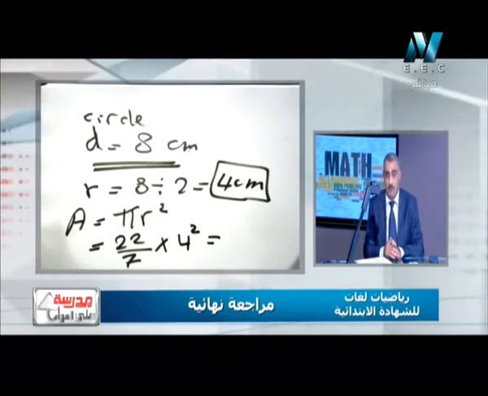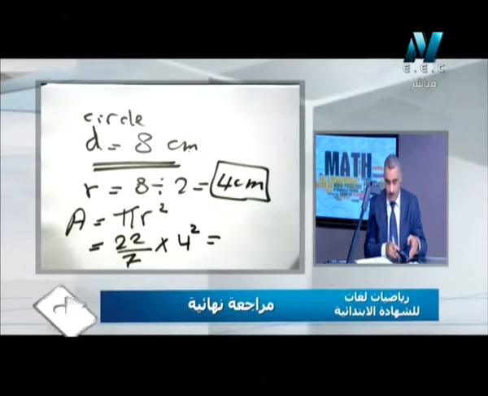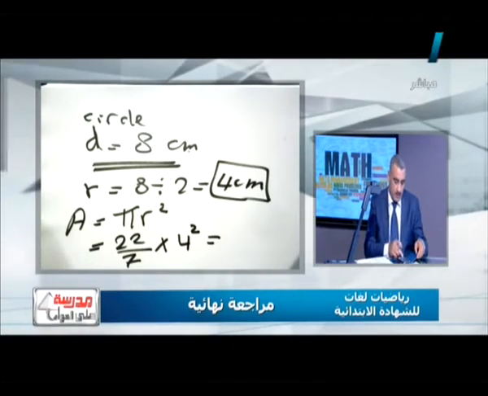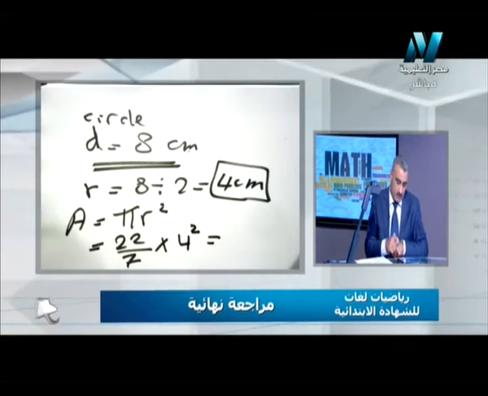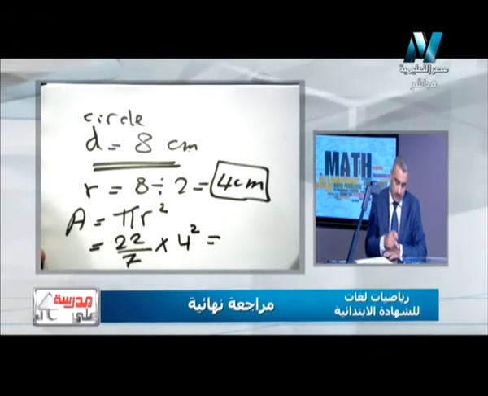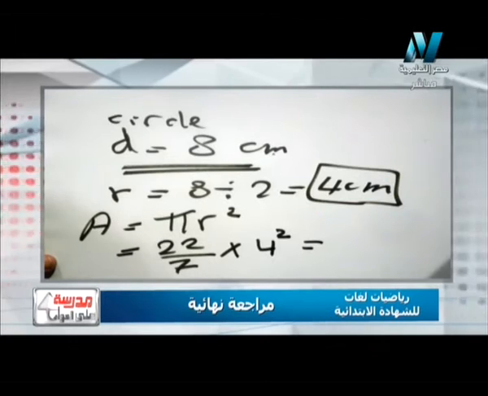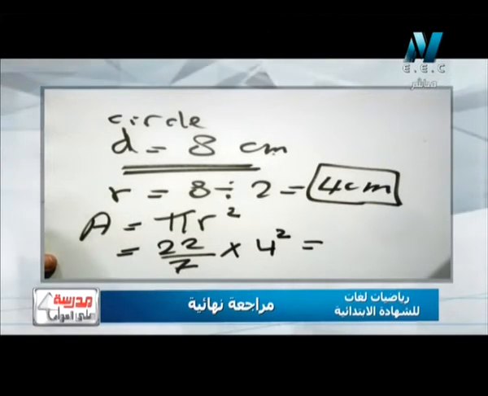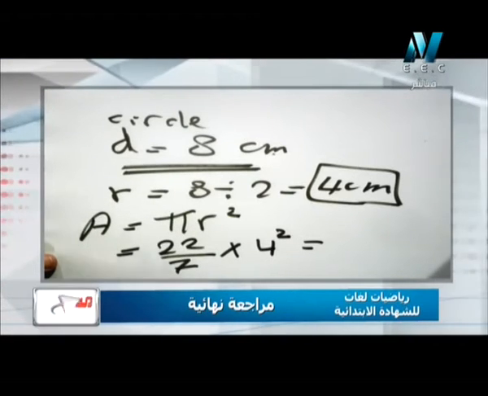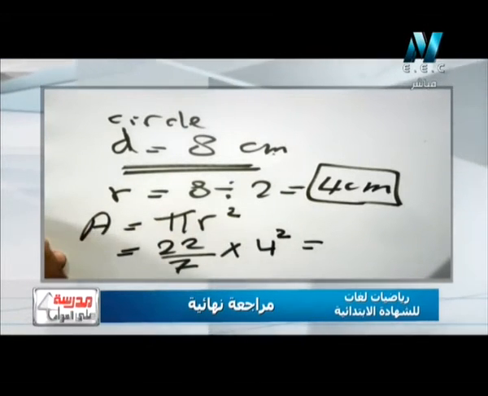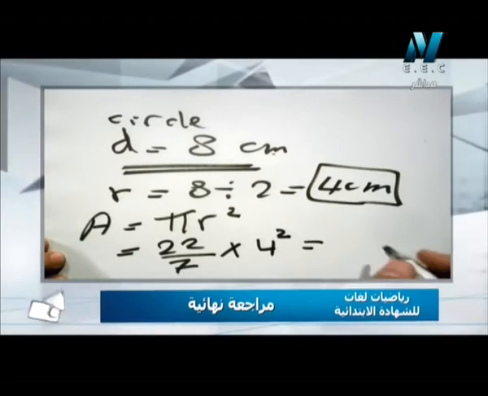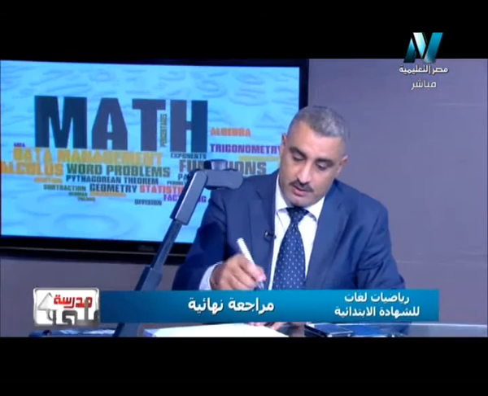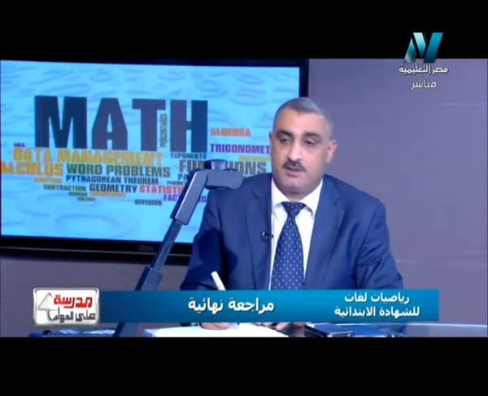Don't forget, 22 over 7 is 3.14, times 4 power 2, which means 16. The result will be 50.24. The choices are 52, 50, 53, 48. The nearest one to this answer is 50 square centimeters.